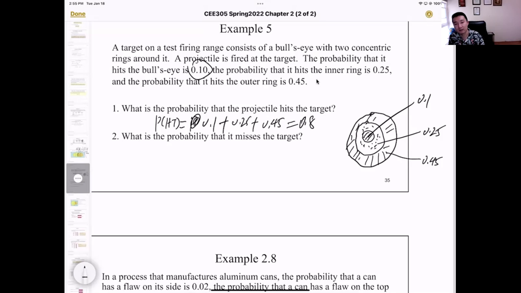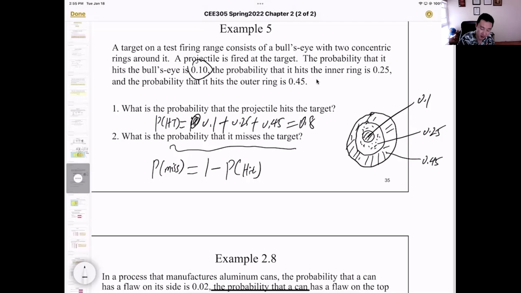Anywhere within that target will count. Then the probability of missing the target, meaning not hitting the target, or the complement of hitting the target, will be 100% minus the probability of hitting the target, which is 0.8.